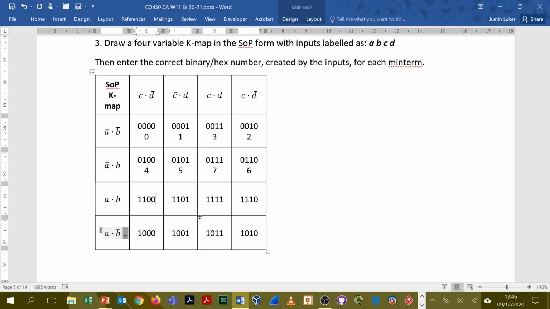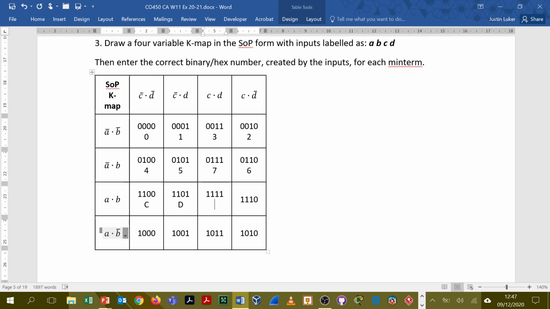So now we have, what have we got? 4 and 8. So it gets a little bit tricky. So we've got 4 and 8, so we've got 12. Now in hex, A is 10, B is 11, and C is 12. So this is C. And then this is 13. This is D. This is 15.